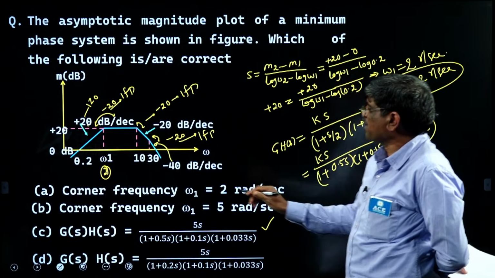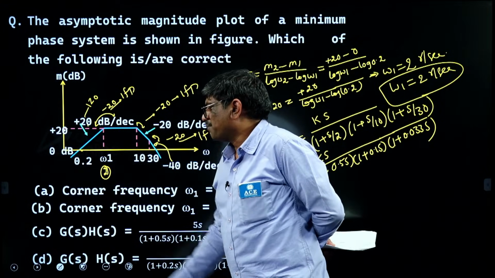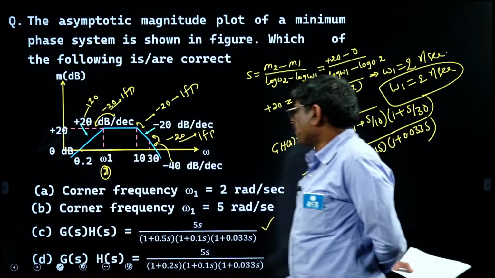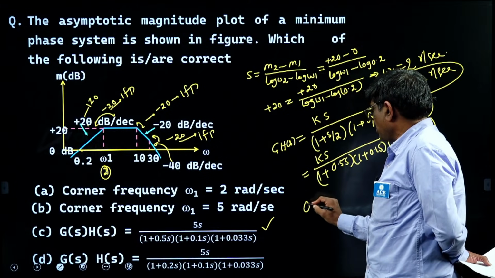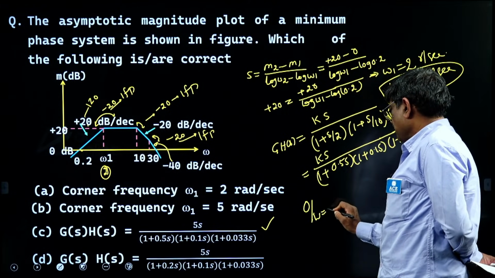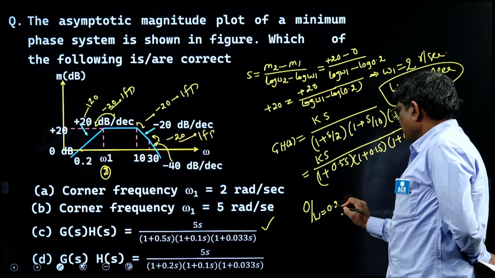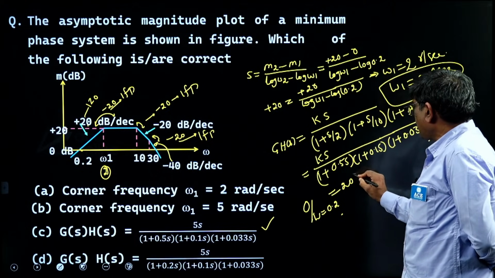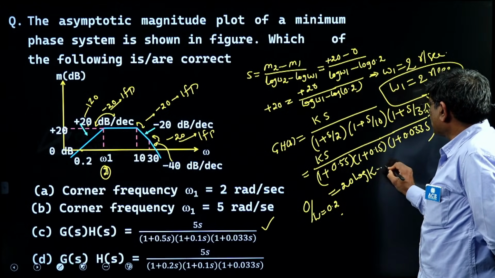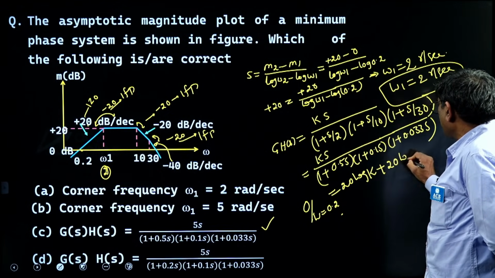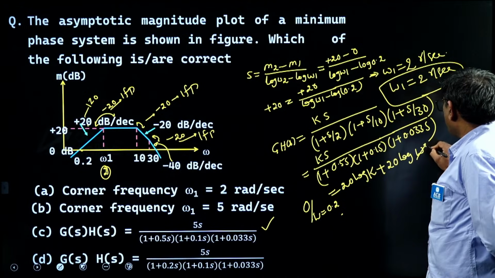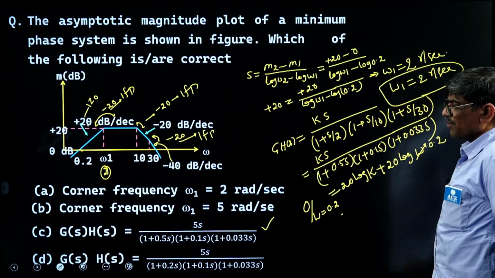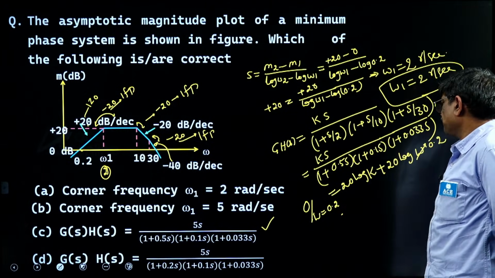No sir, still I will find K. Where do you know the magnitude? At 0.2, the magnitude is 0. So 0 at a frequency of 0.2 equals what? 20 log K plus 20 log omega. So what is omega? Omega equals 0.2.